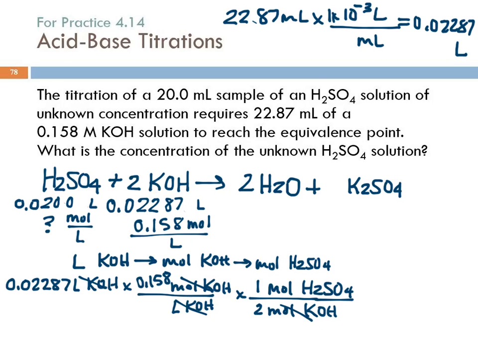Just throw the calculator around. They like that. That's probably why my last one quit working. 0.02287 times 0.158 divided by 2. So I get a number of moles that's 0.001800673 moles of sulfuric acid.